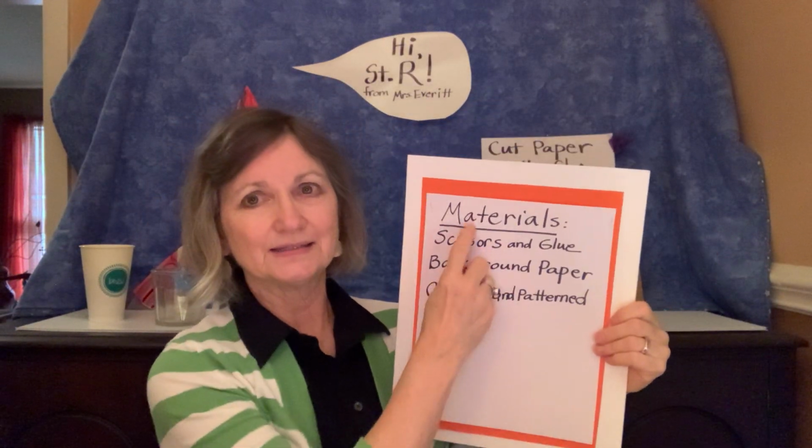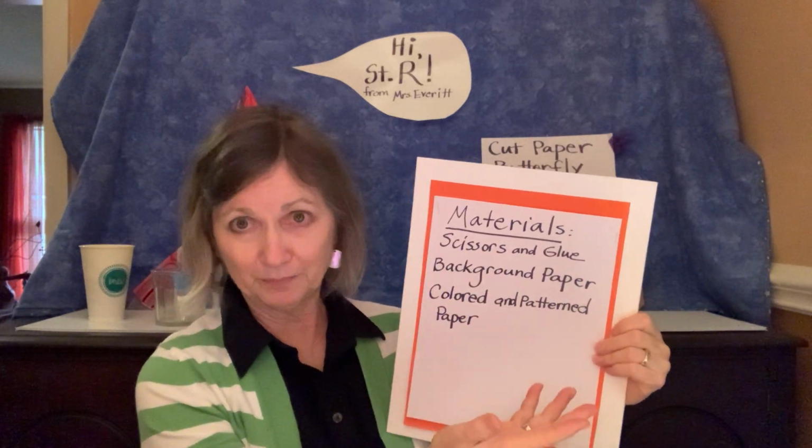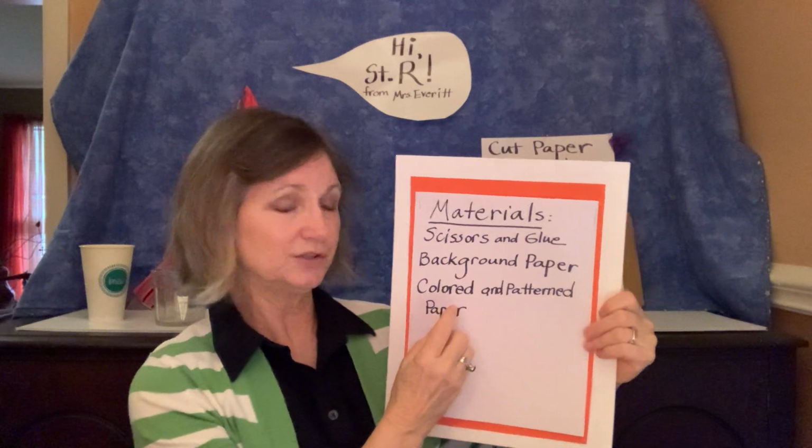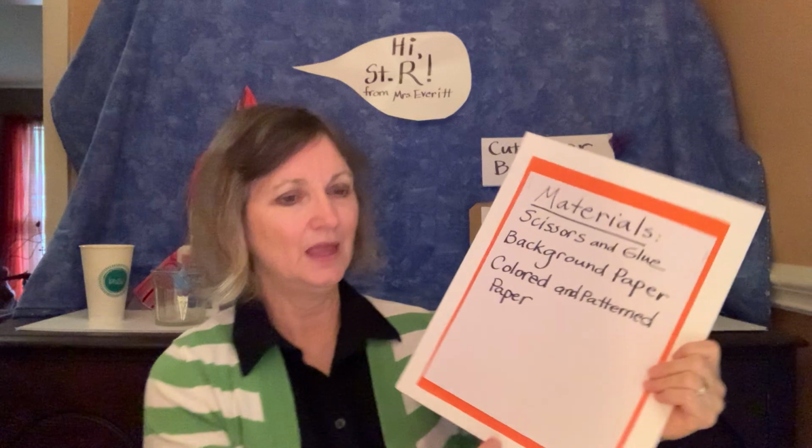To do our project today, we need a few basic supplies. We will need scissors and glue, background paper, something to put our butterfly on, and we also need colored paper and hopefully patterned paper. Now take all the time you need to gather supplies.